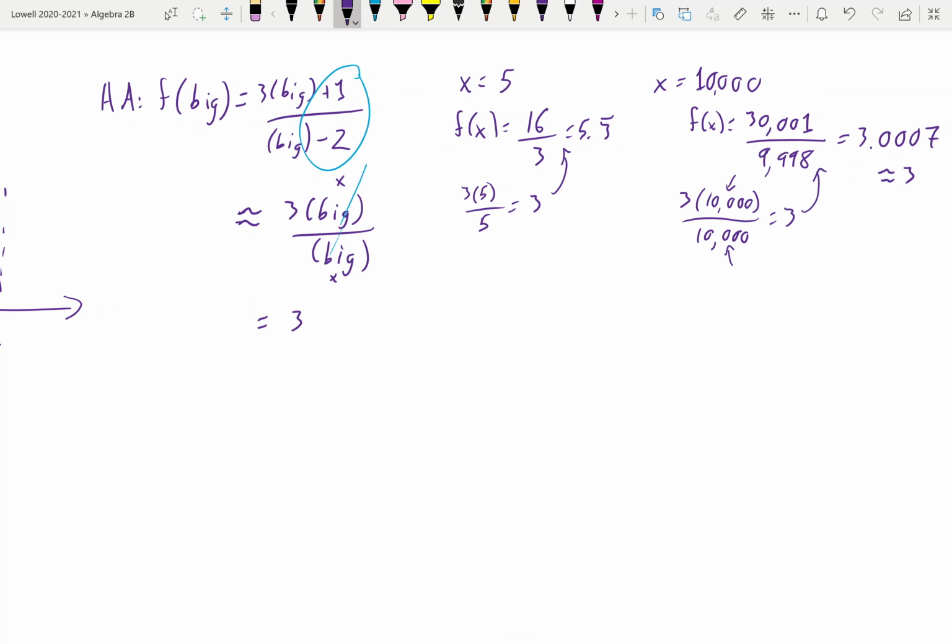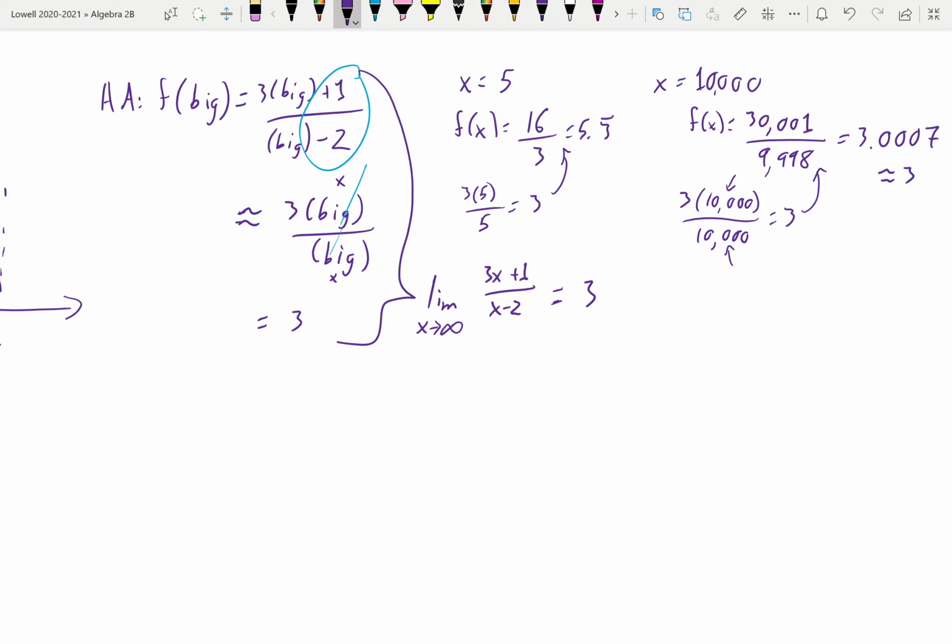And so what do we just find? Well, all of this says that the limit as x approaches infinity of 3x plus 1 over x minus 2 is equal to 3, right?